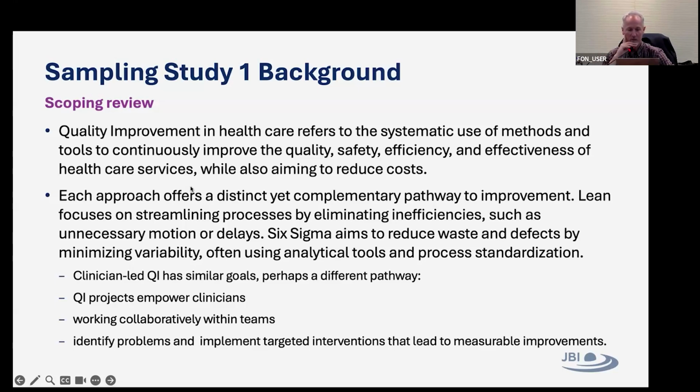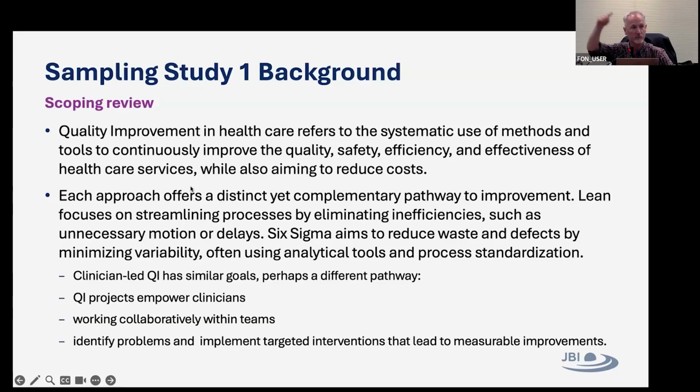So quality improvement usually refers to the systematic use of methods and tools that improve quality, safety, efficiency or effectiveness of health services, and sometimes reduce costs. The government wants us to reduce costs, but in quality improvement, the goal is not to reduce costs.